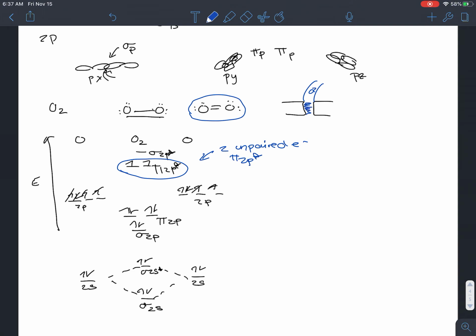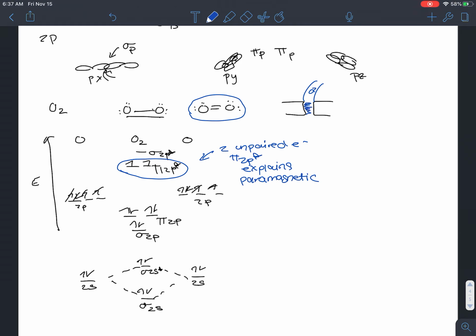These two unpaired electrons in pi 2p antibonding explain the paramagnetic behavior of oxygen. This is why oxygen is actually paramagnetic and not all the electrons are paired.